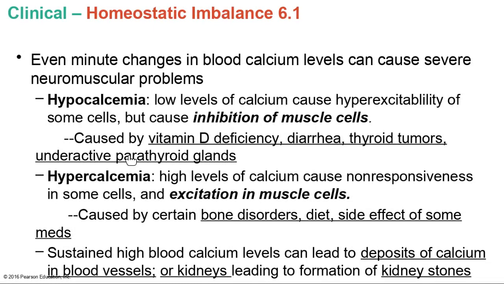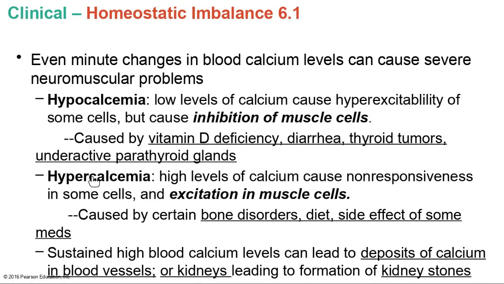So if your parathyroid gland is underactive, then that can result in hypocalcemia because we have lost the ability to increase blood calcium levels when we are low. Now, you may want to come back to this point after we actually talk about homeostasis at the level of thyroid and parathyroid, and you'll get this a little better. It'll make more sense why you would see hypocalcemia with an underactive parathyroid.